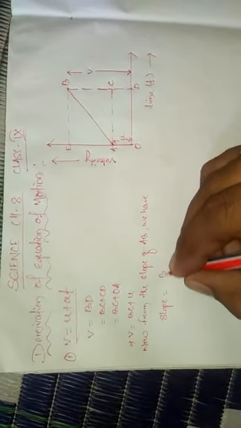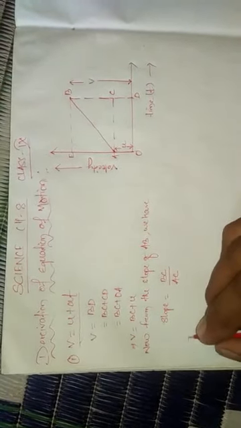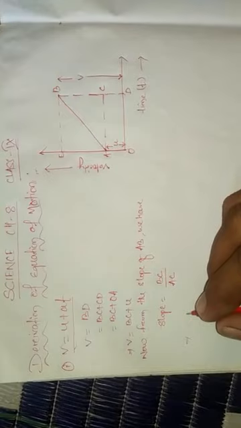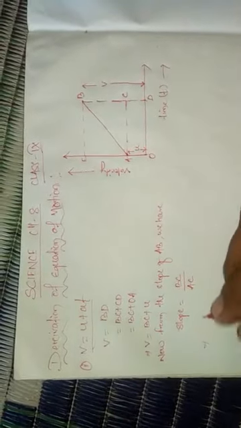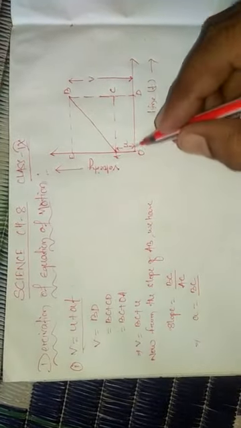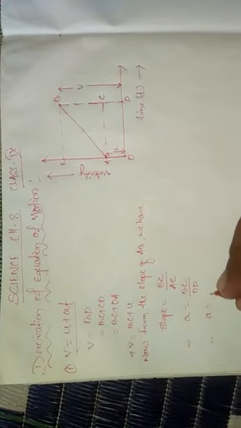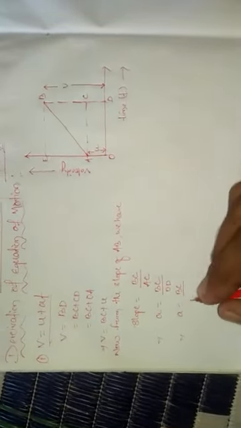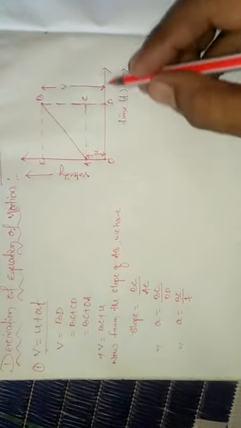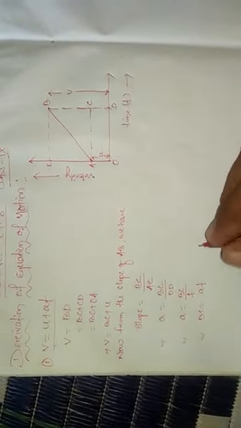As we all know, in a velocity time graph, slope is equal to acceleration. So a equals BC by, instead of AC I can write OD. This implies a equals BC by t, as OD is on the time axis, so OD is equal to t. This implies BC equals at. This is equation 1 and this is 2.